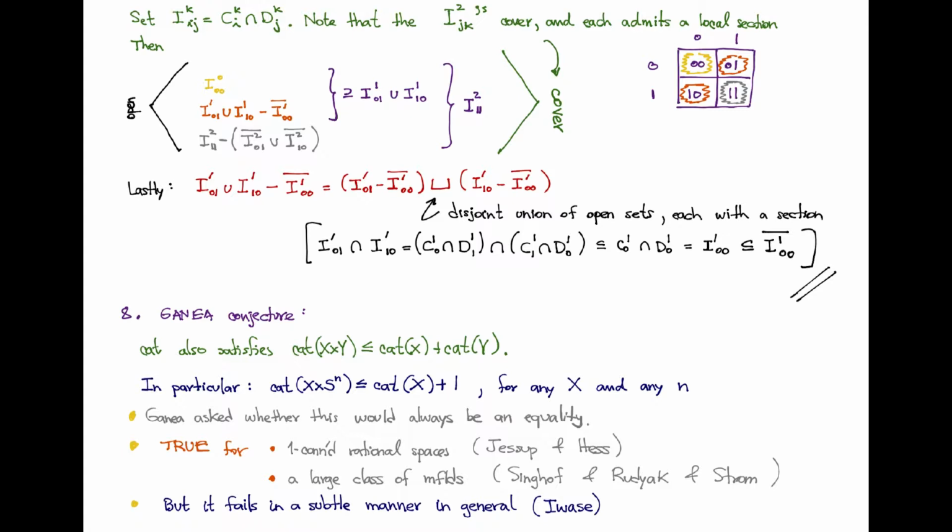Now let me say some more interesting things. About 15 years ago, this was a hot topic. I just said that the topological complexity of a Cartesian product is bounded from above by the sum of the topological complexity of the factors.